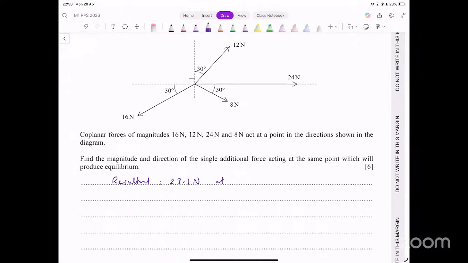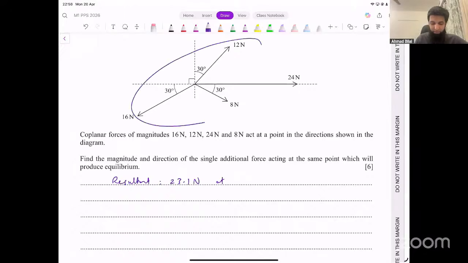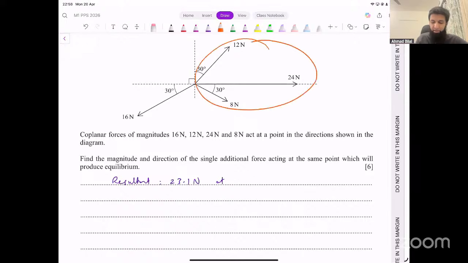3.98 below negative x-axis? That doesn't look like it. Looking at the forces, it doesn't look like that would be the resultant. 3.99 degrees below positive x-axis. It's clear that forces acting towards the right side are greater, right? So the resultant should be to the right somewhere.